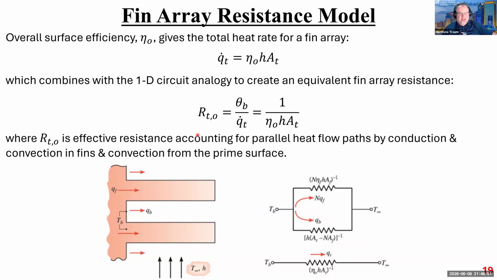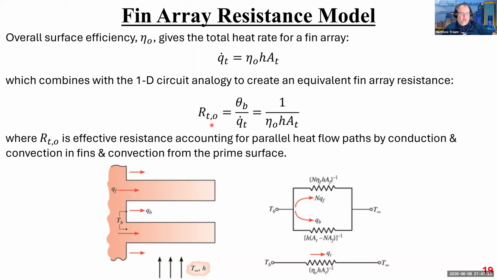So I'm going to take that same idea: if I take the temperature difference from the base to the ambient and I take the total rate of heat transfer, which is this, the quotient becomes the resistance, right? Because that's the same form that we've always seen: delta T over R equals Q. So this is just delta T over R equals Q, rearranged to solve for R. This R is R sub t,o.